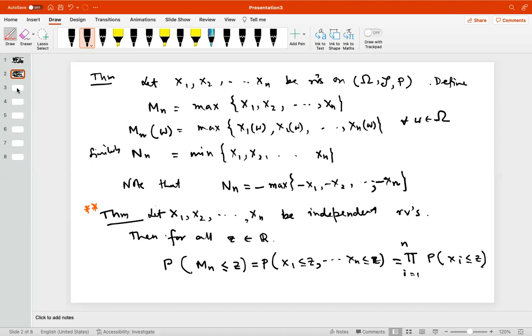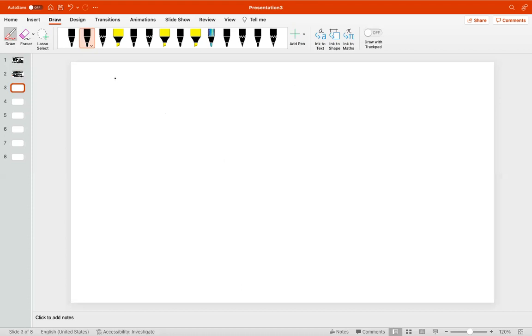The probability of the minimum, Mn, being greater than or equal to z means every random variable is greater than or equal to z.